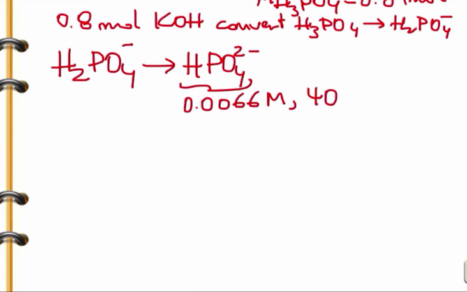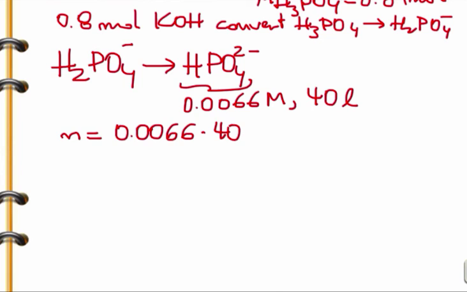We know from the calculation before that we need to generate 0.0066 molar in 40 liters of HPO4 2 minus. So we know the number of the HPO4 2 minus species that we need. The number of moles of that species is calculated by the relationship of molarity equals number of moles over volume in liter.